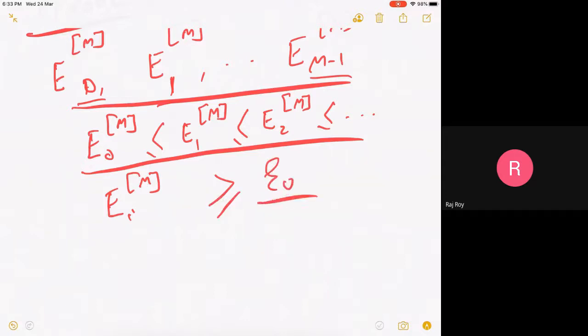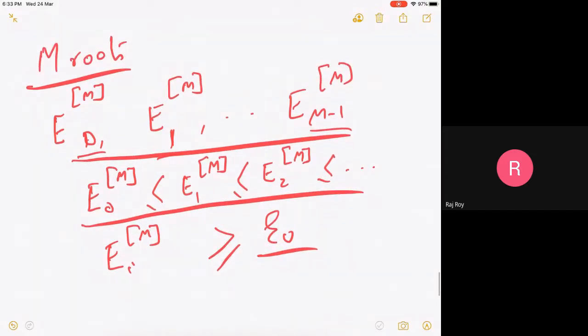That's the exact value. That is clear because I have a Rayleigh-Ritz variation principle, so all of these will be greater than or equal to epsilon 0, because that is what I have learned, that any psi tilde would always give a value greater than or equal to epsilon 0. Is it okay? Can I proceed? Yes, good.